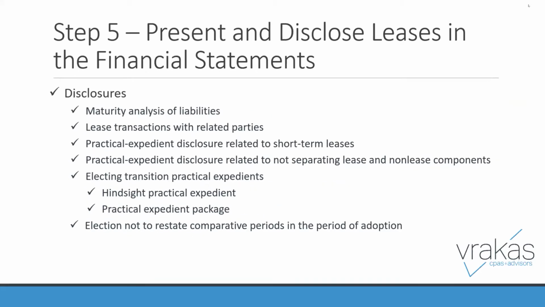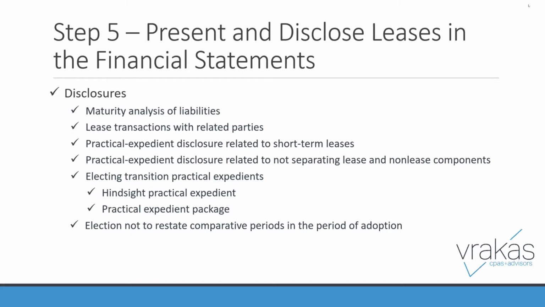And there's still more. You still have the maturity analysis of your liabilities, so that's going to include all of your leases now. Lease transactions with related parties, that's something we already have. And then there's a bunch of practical expedients that you can elect when adopting the standard, and we're going to talk about those next. So you have to disclose any of those practical expedients that you've adopted.